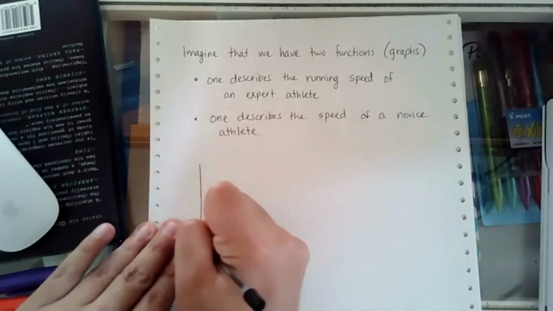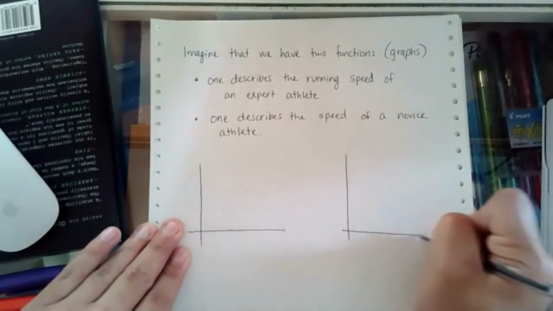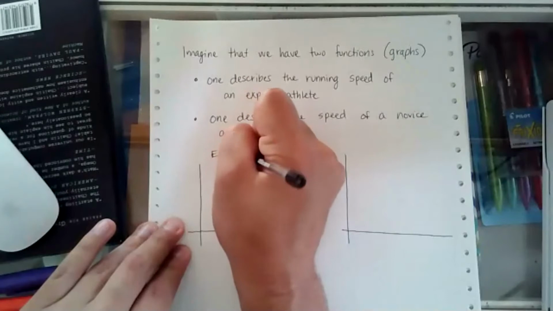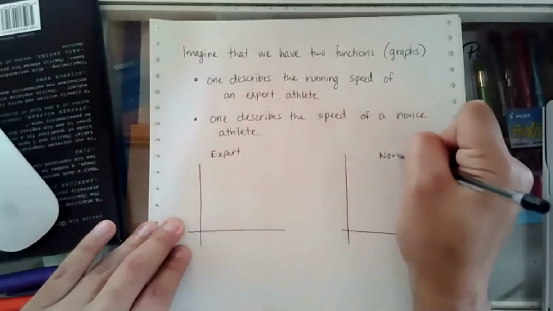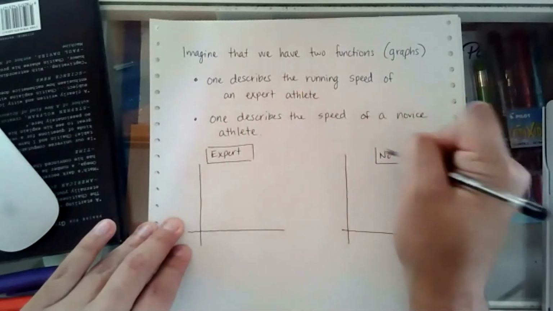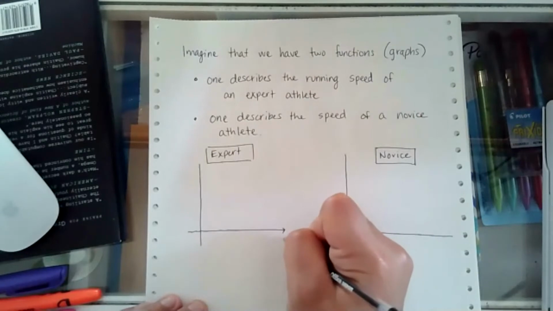So I'm going to put two graphs. This is going to be my expert. This is going to be my novice. The x-axis for both of these is going to represent time.